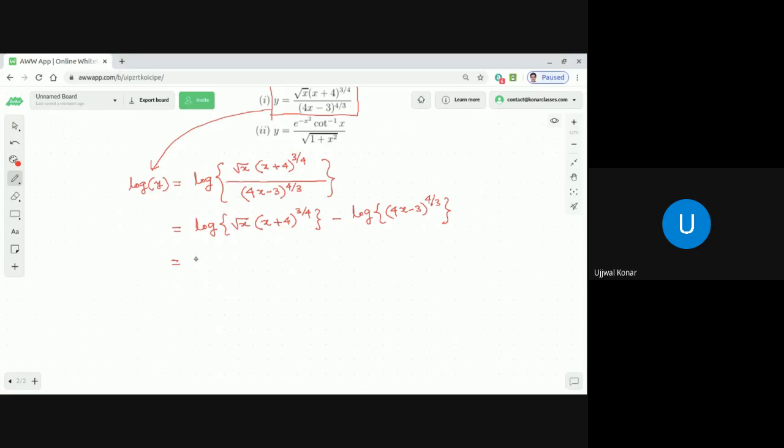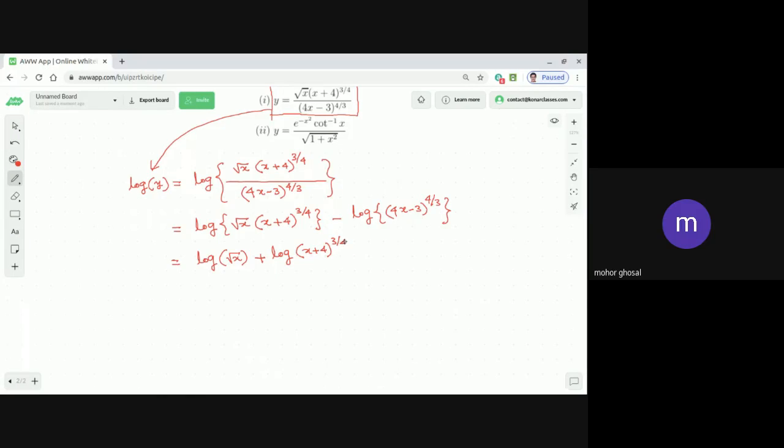Yes. Okay. Now again, inside this, log of square root of x into x plus 4 power 3 by 4, that is log of m into n, no? So that means log of m plus log of n, correct or not? Square root of x plus log of x plus 4 power 3 by 4.